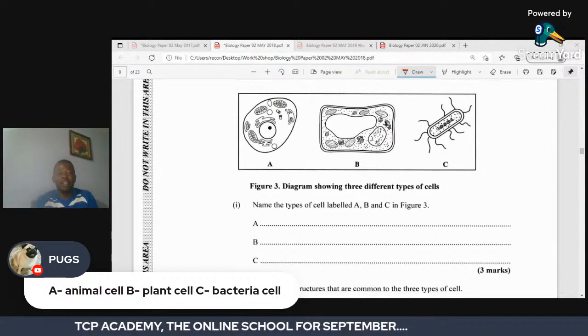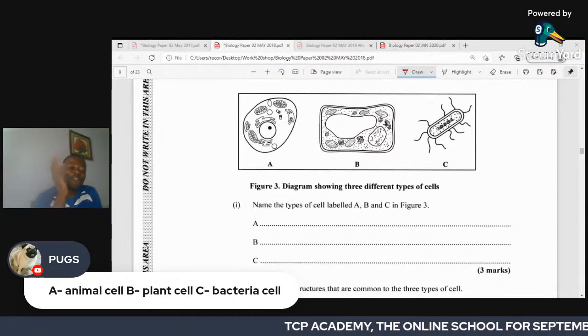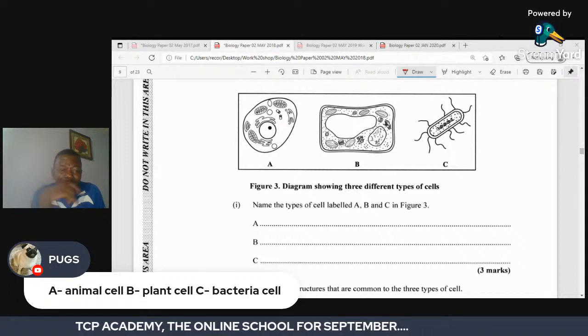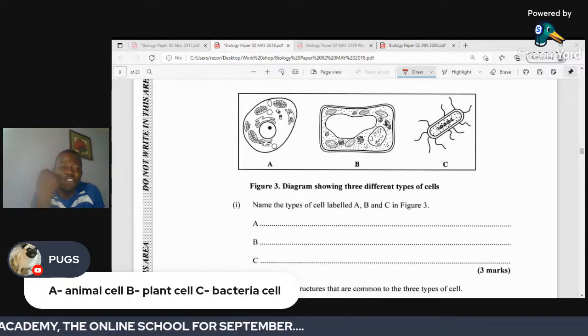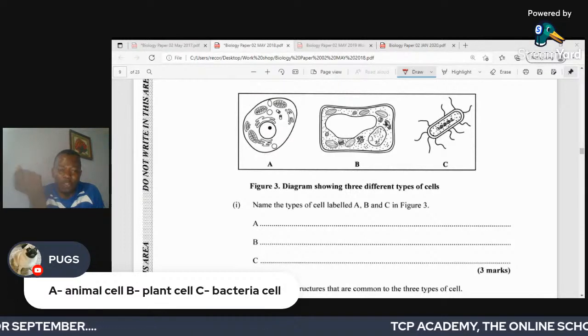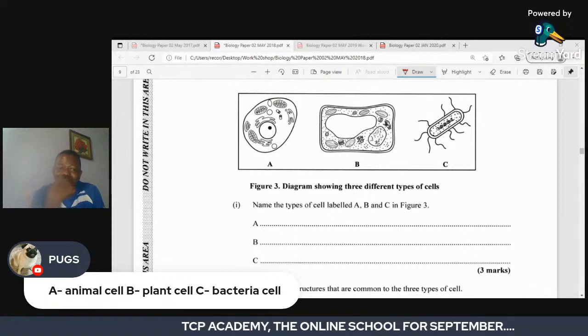So A is going to be the animal cell, B is going to be the plant cell, and C is going to be... I could have told you prior, when I was looking at the question, I knew then that a student would have done this. You did not say animals.